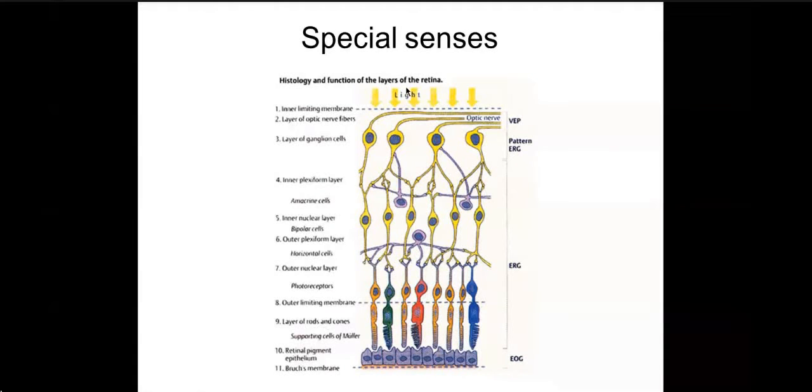Light comes here, crosses the ganglion cell layer, amacrine cell, bipolar cell, and then comes here to excite the rods and cone cells.